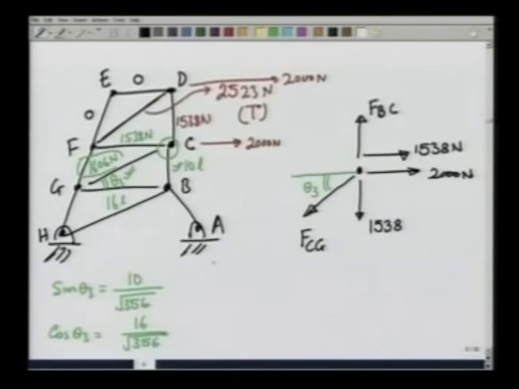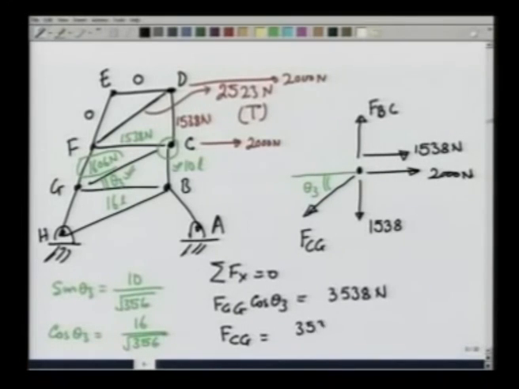Now, we are ready to calculate F_BC and F_GC. So, let us do summation F_x equals 0, which gives me F_CG cosine theta 3 equals 3538 newtons, and therefore, F_CG is equal to 3538 newtons divided by cosine of theta 3. I can plug in the numbers and get my answer.